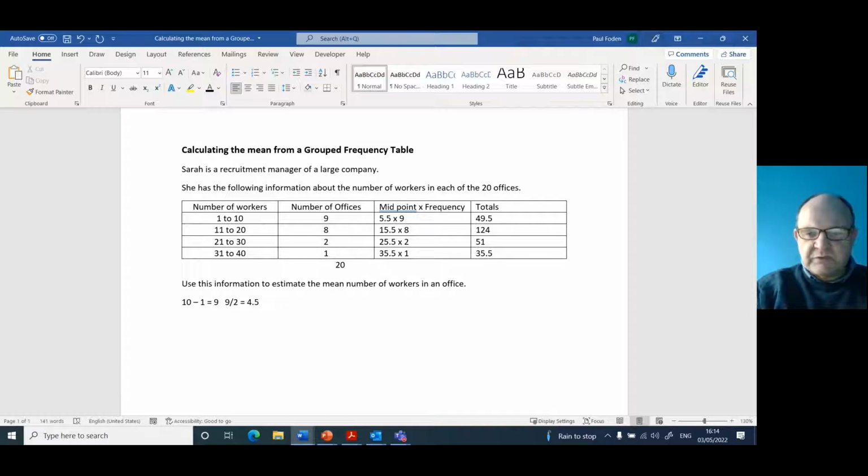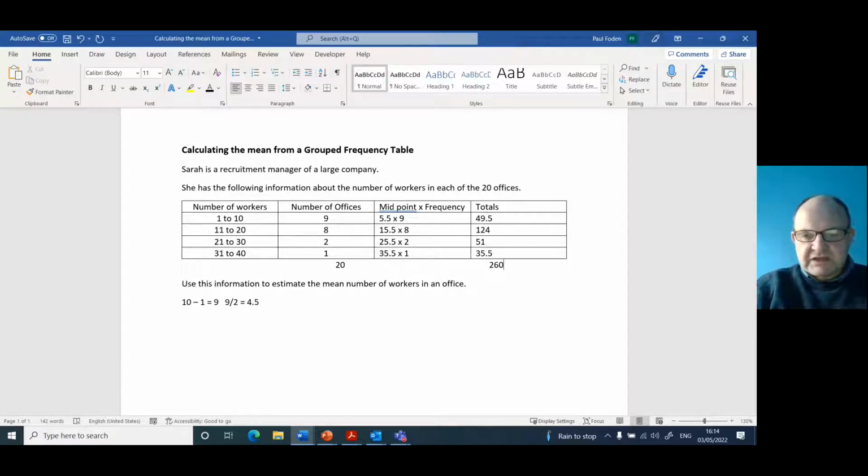We've got 49.5, add 124, add 51, and 35.5. Check your calculator, if you're using one, that you've inputted the right numbers.